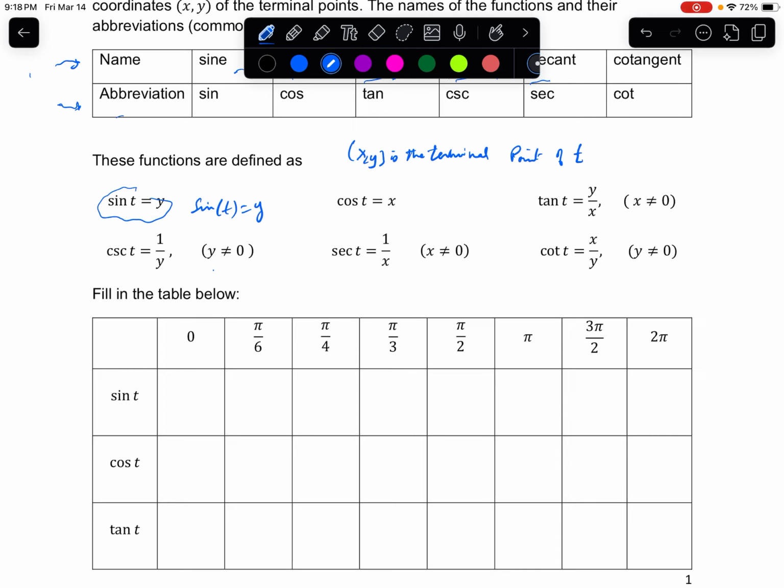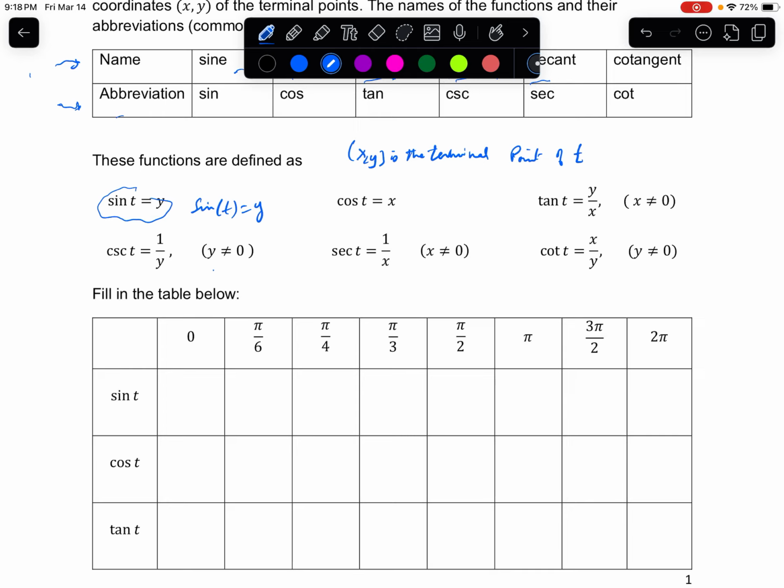If you can recall the corresponding points, you have to kind of memorize the terminal points for each of these values, so you can easily write the trigonometric functions.